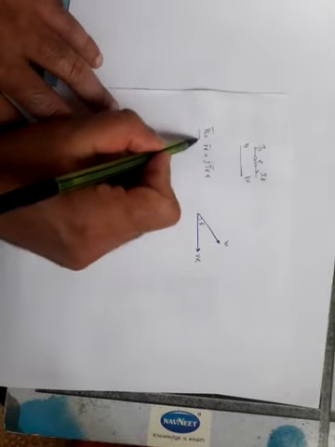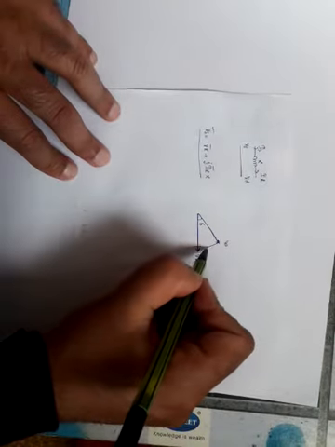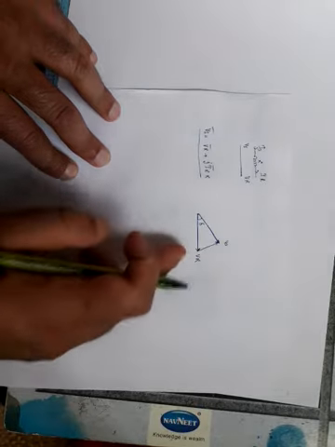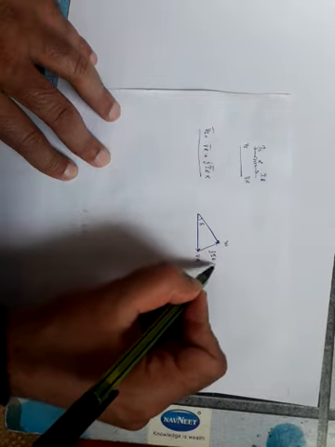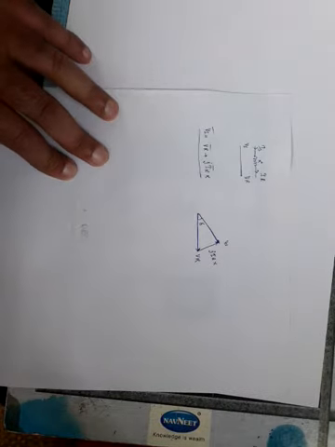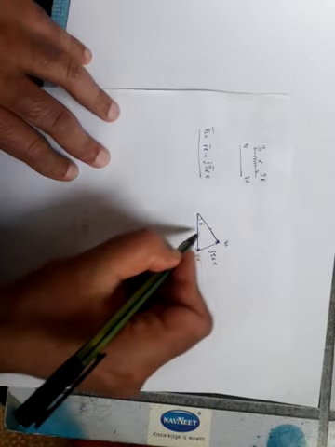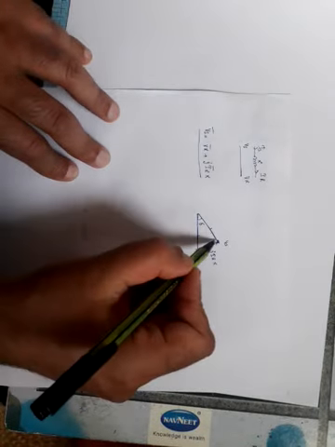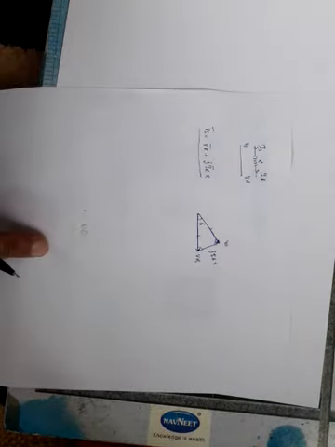Now to hold this KVL equation, this must be the voltage drop, that means this j IR into X. Since these two are the equal sides, this angle and this angle will be same. I will come to this.